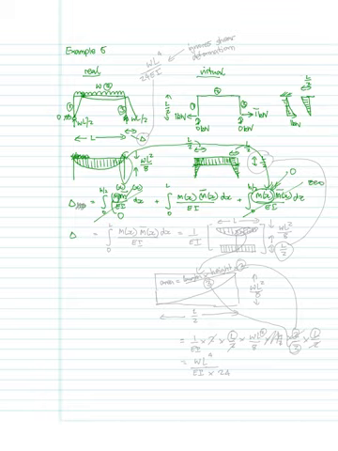So the horizontal deflection is just going to be our delta. Let's just remove horizontal deflection as it gets confusing.